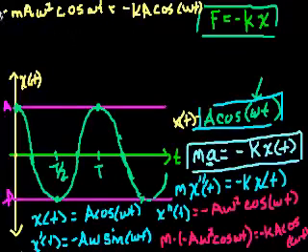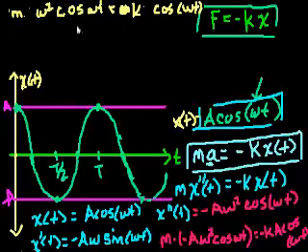We can get rid of the minus signs on both sides. We can get rid of the a's on both sides, right? We can divide both sides by a. So if we get rid of a on both sides, we're left with m omega squared cosine of omega t is equal to k cosine of omega t. So this equation holds true if what is true?